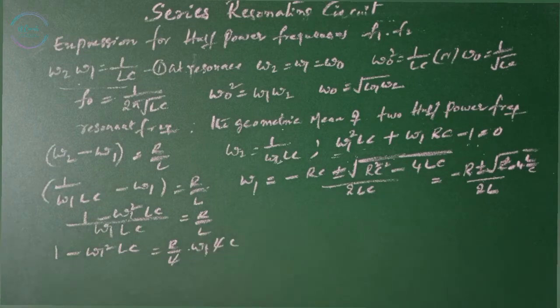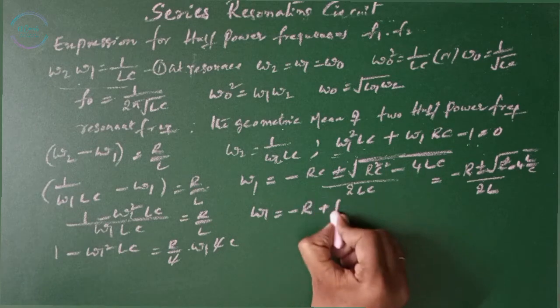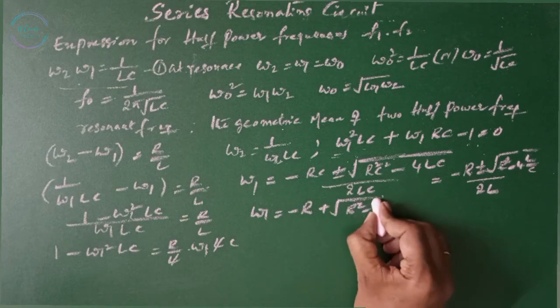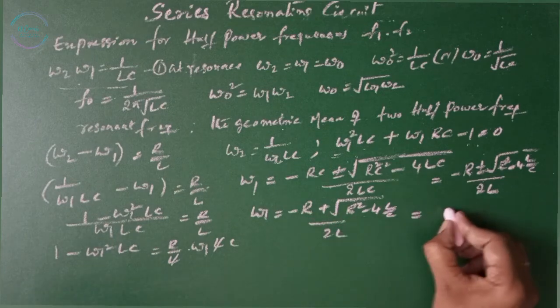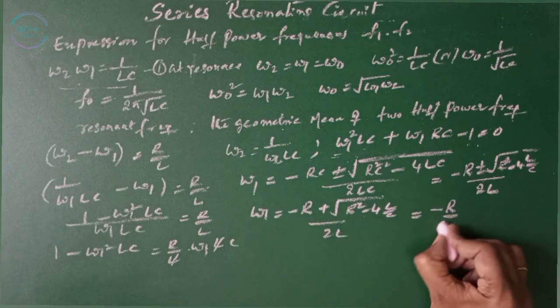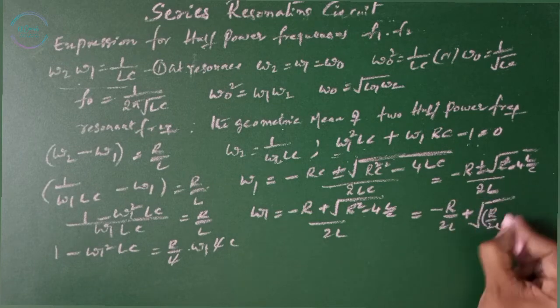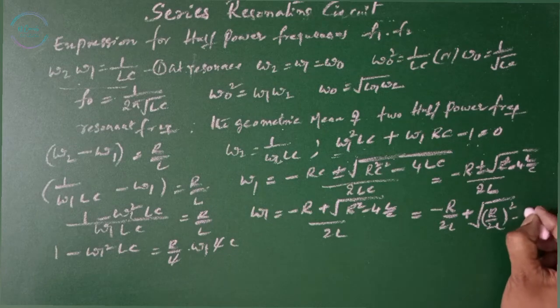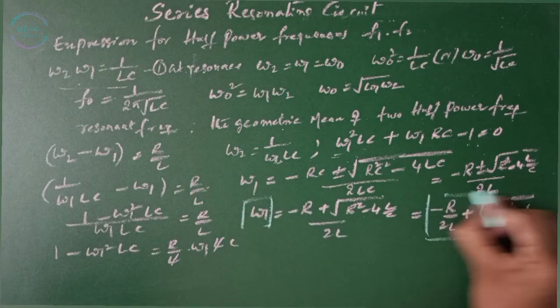So when you take the positive sign here, you will get omega 1 equals minus R plus the square root of R square minus 4 L by C divided by 2L. For simplification, you will get minus R by 2L plus the square root of (R by 2L) whole square minus 1 by LC. Omega 1 equals this value.